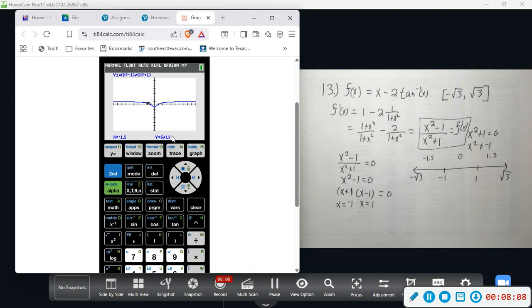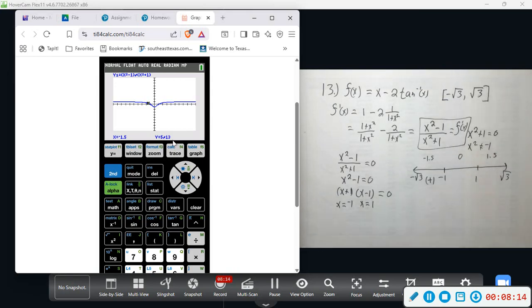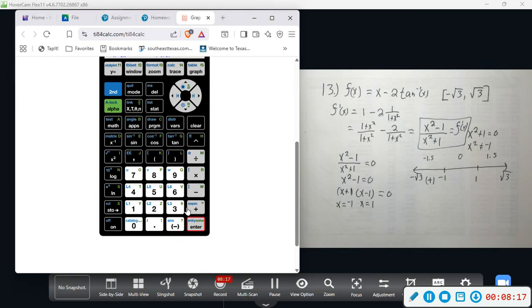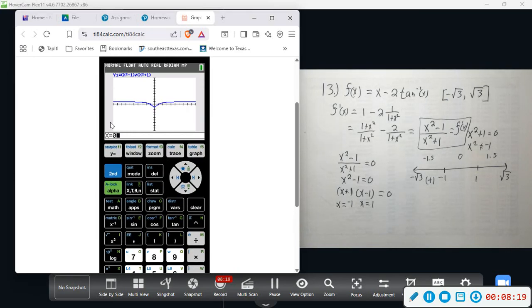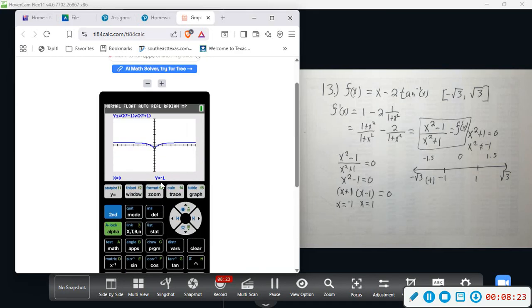We get a y value of 5/13, which is positive. That's the thing we're looking for. If we type in x equals 0, we get a y value of negative 1. So this section would be negative.